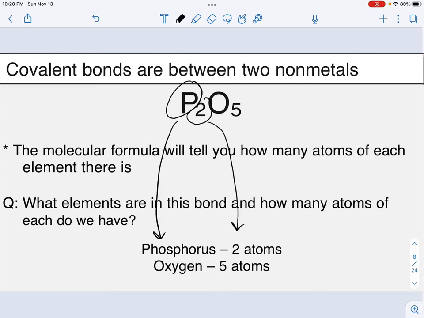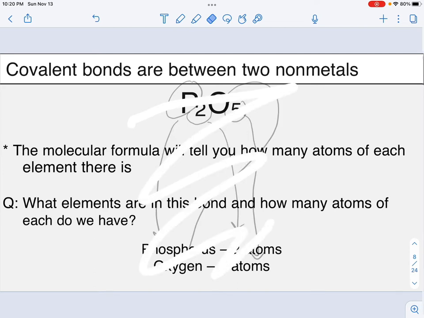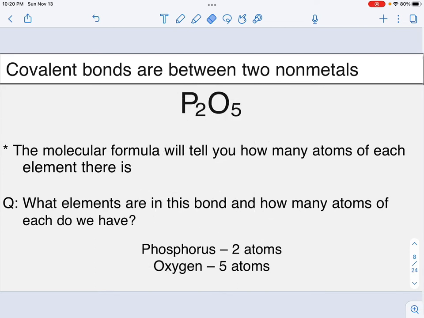Anytime you see an element symbol and a little subscript number just a little bit below it to the right, it tells you how many atoms of that element there is. So we have O, that's oxygen, and this little 5 tells us that we have 5 oxygen atoms. So in this entire chemical compound, we have 2 phosphorus atoms and 5 oxygen atoms.